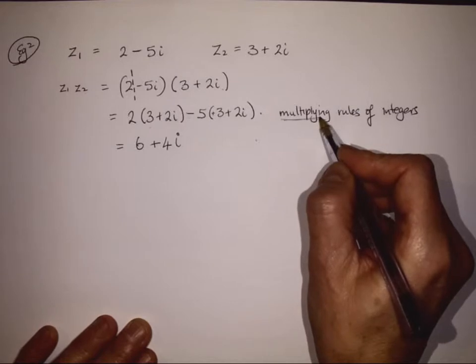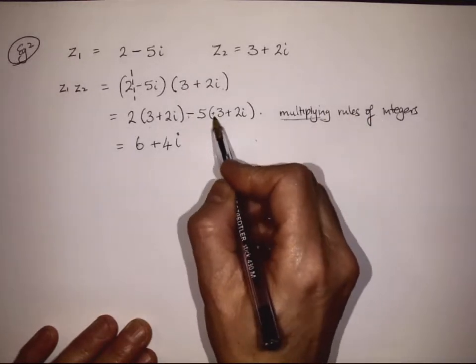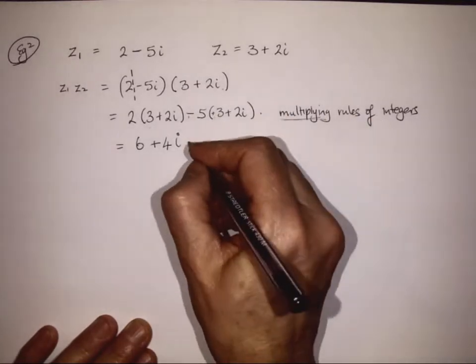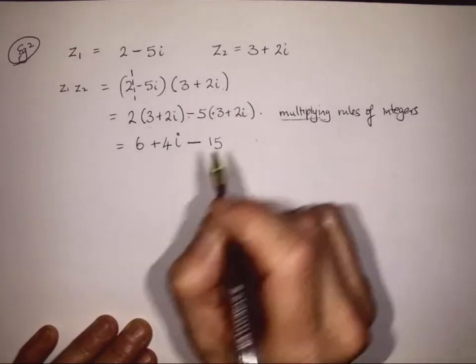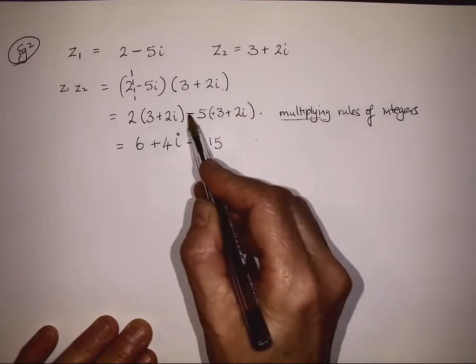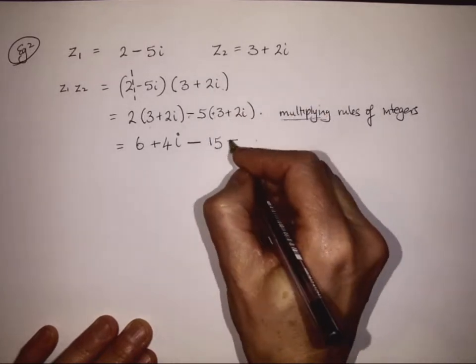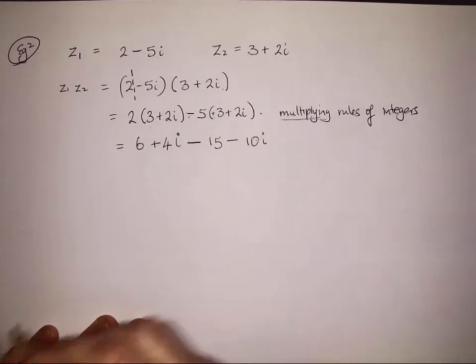If the signs are different, the answer is negative. So here we have a minus by a plus, the signs are different. That's a negative answer. 5 3s are 15. And next we have a minus 5 by a plus 2i. So it's a minus by a plus will give us a minus. 5 2s are 10. And the i is still there.